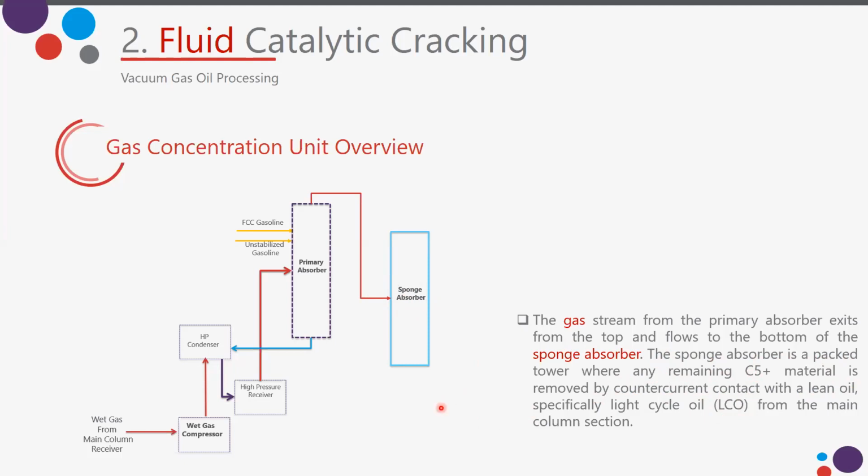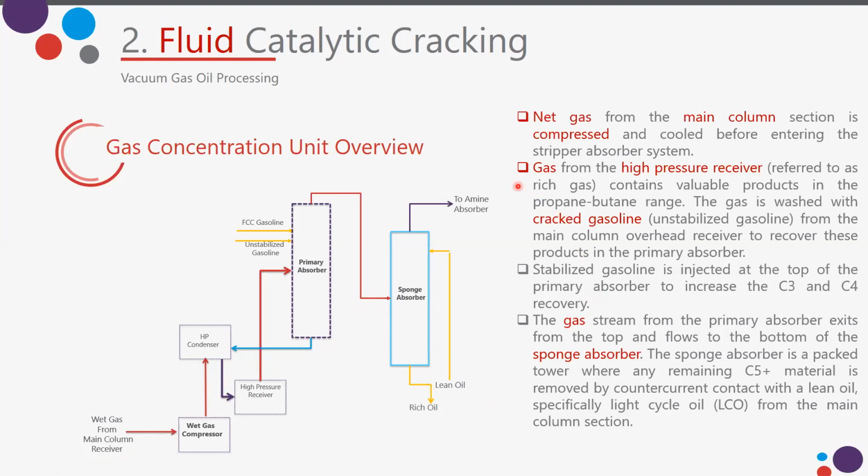Remember that we have the light cycle oil in our main column, so we will use part of this light cycle oil, like lean oil here, to recover as much as possible this C5 plus material that we have still in this gas stream. Okay.